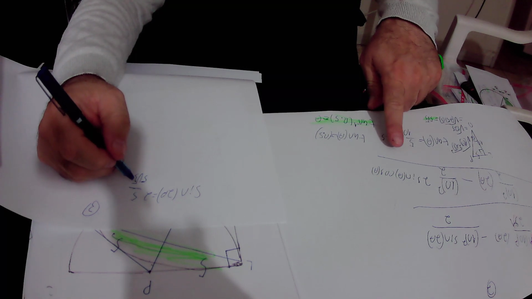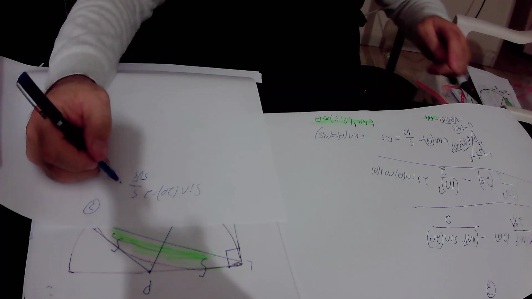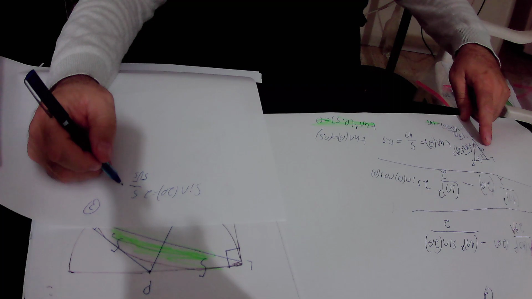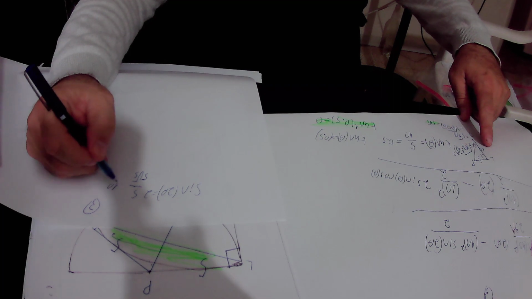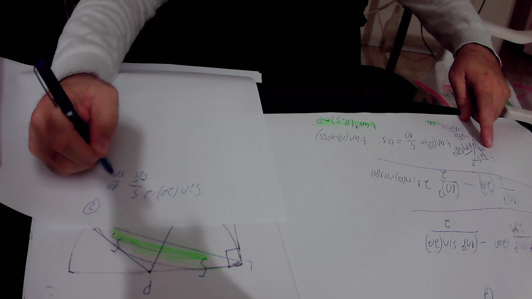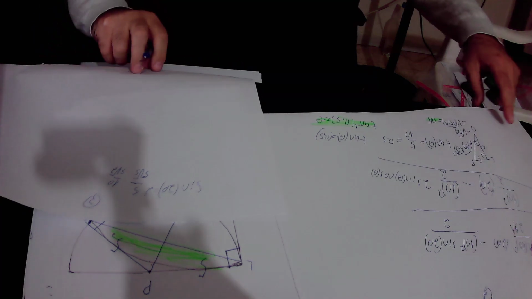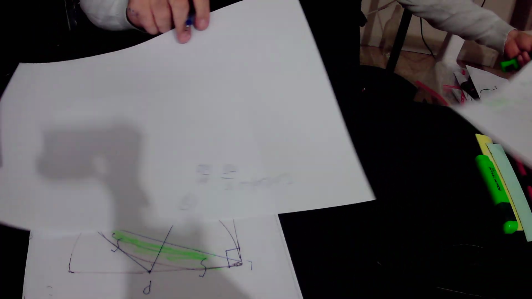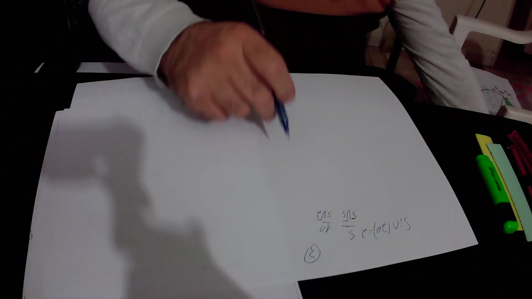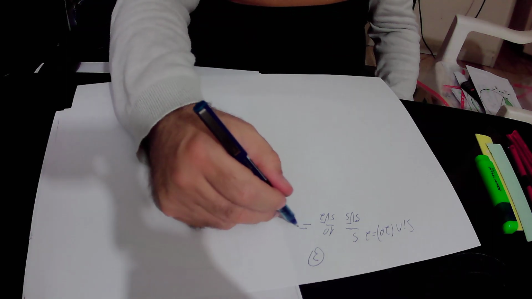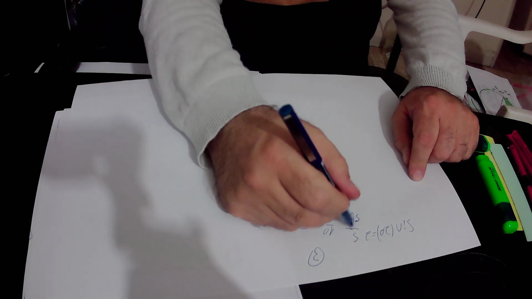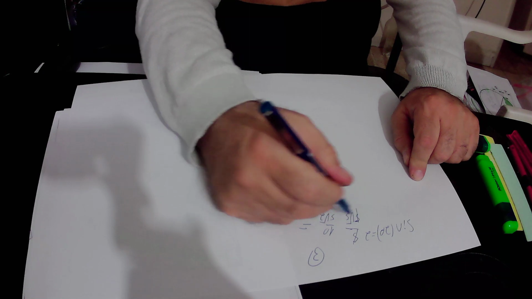So cosine theta equals 10 over the hypotenuse, that is 5 times square root of 5. So in conclusion, here 5 over 5 is 1, so 5 will get cancelled.